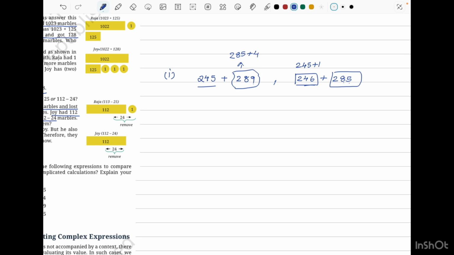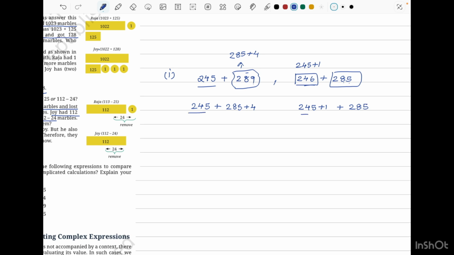So rewriting, we get 245 plus 285 plus 4, and here 245 plus 1 plus 285.